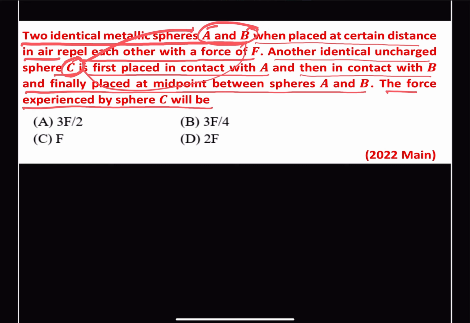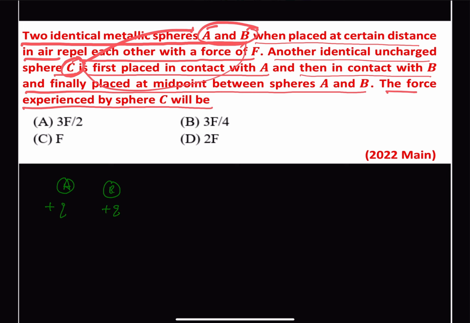So we can just say that we have two spheres, A sphere and B sphere, and they are identical with each other, and they repel each other. So let us suppose A is having a charge of plus Q and B is also having a charge of plus Q initially.